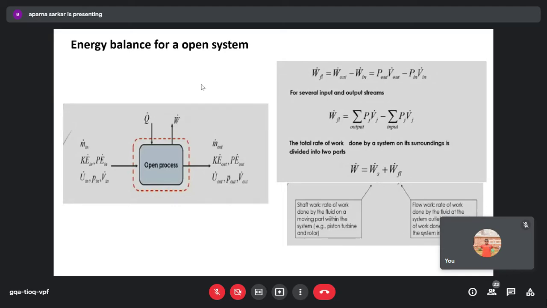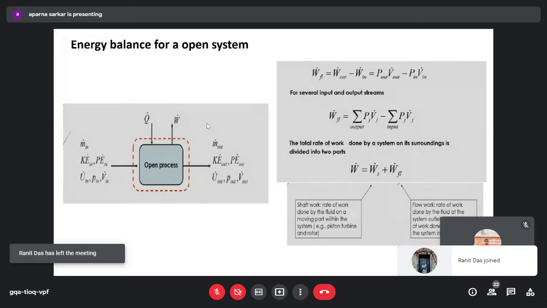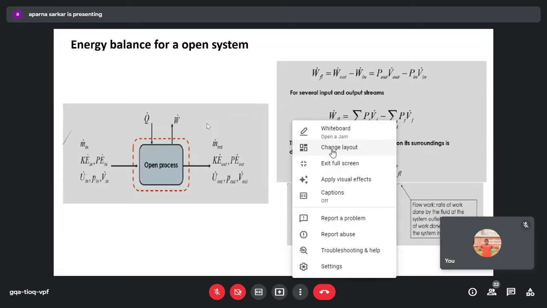Now the open system. An open system exchanges heat and work with the surrounding. In a closed system, we saw kinetic energy, potential energy, and internal energy changes.